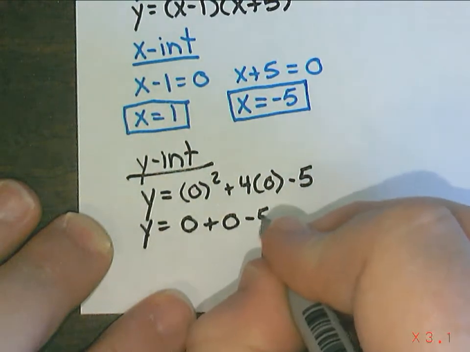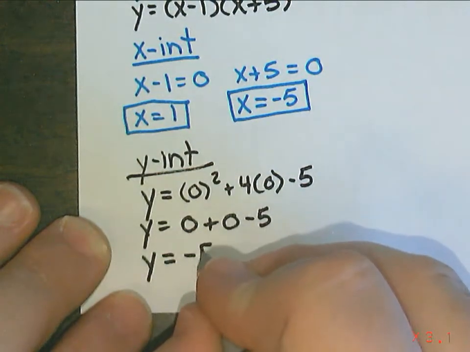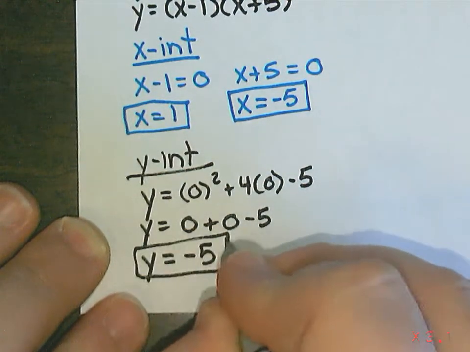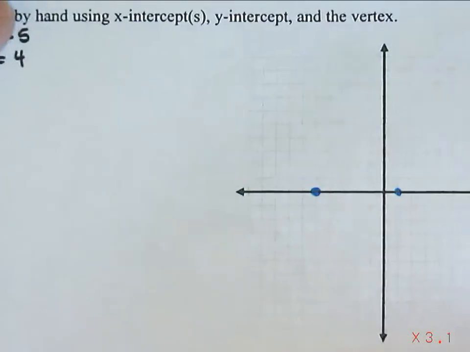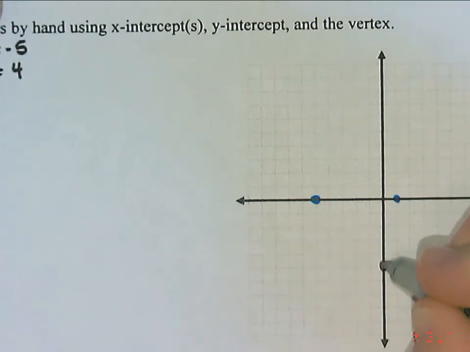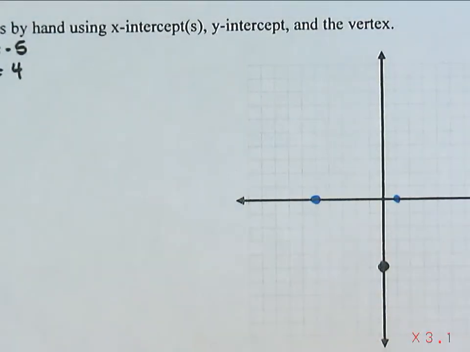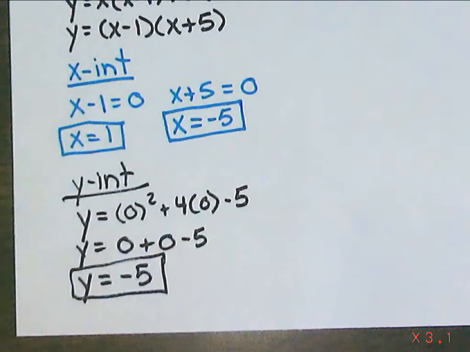And negative 5 is just negative 5. So 0 plus 0 minus 5 is negative 5. So my y-intercept of negative 5 on my graph, I am going to mark on 1, 2, 3, 4, there's negative 5 right there. Okay, so I have my x-intercepts, I have my y-intercept.